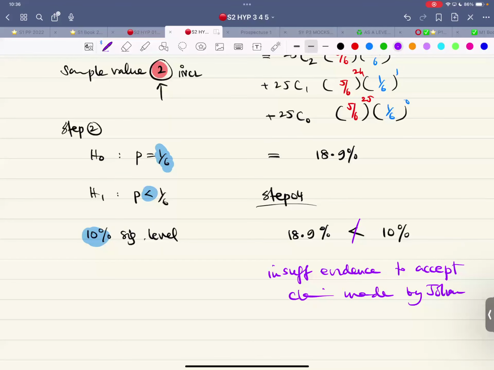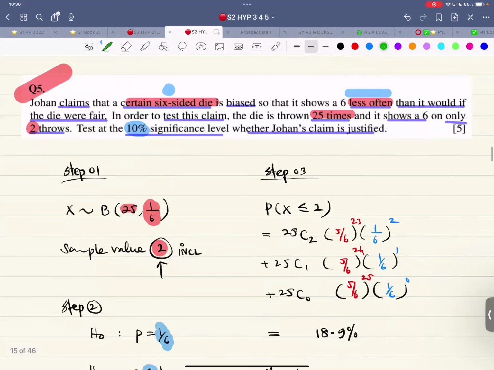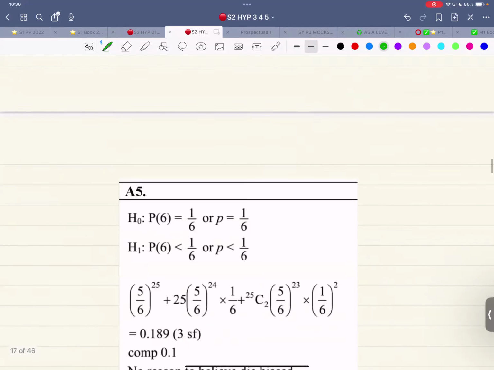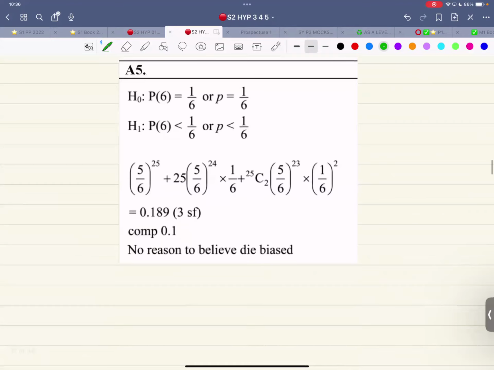And before that, of course, you can write, if you want to, do not reject H0. In other words, accept H0. That means we have insufficient evidence to accept the alternative claim which is made by this person, Johan. So that's how this particular question is done. That's the mark scheme.